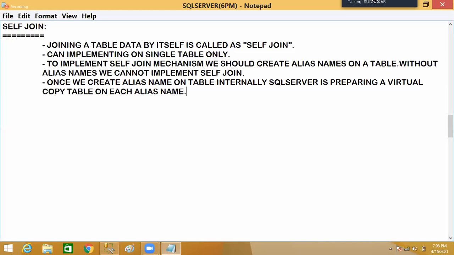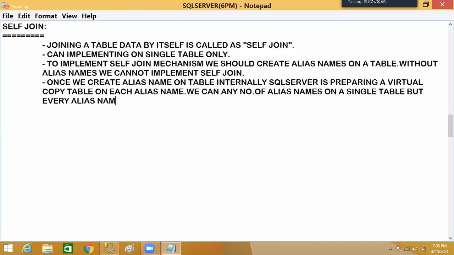Okay, now like this we can create any number of alias names on a single table. But every alias name should be different.